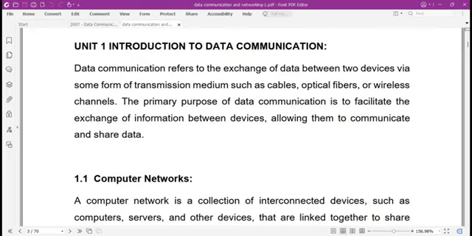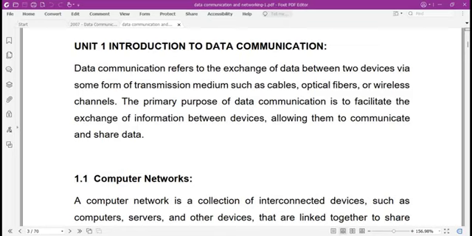Via stands for through, through some form of transmission medium such as cables, optical fibers, or wireless channels. The primary purpose of data communication is to facilitate the exchange of information between devices, allowing them to communicate and share data.